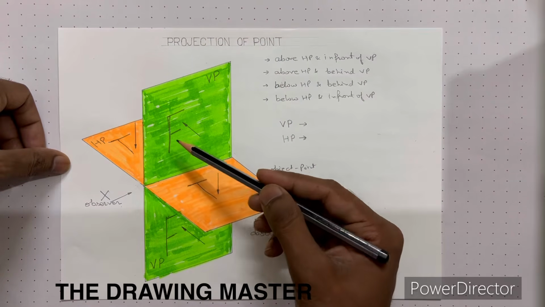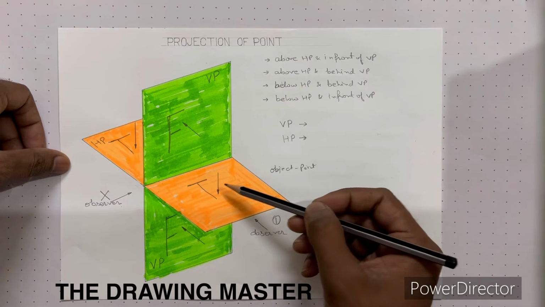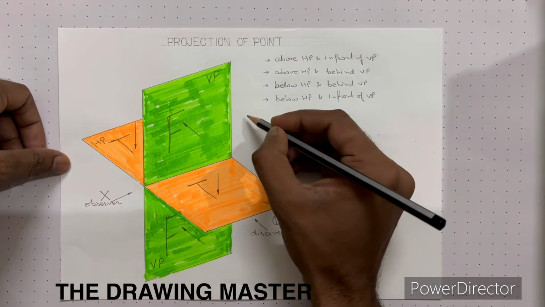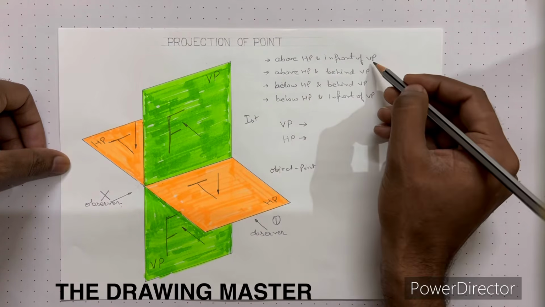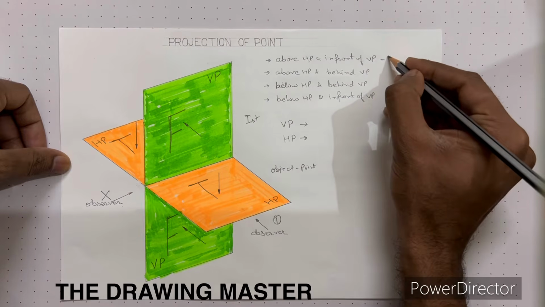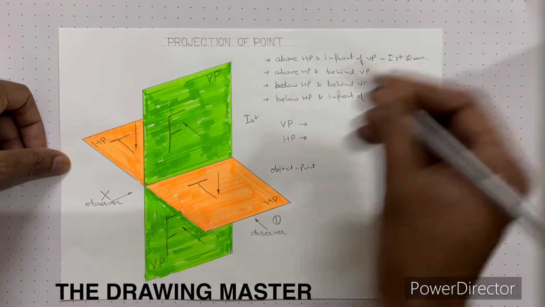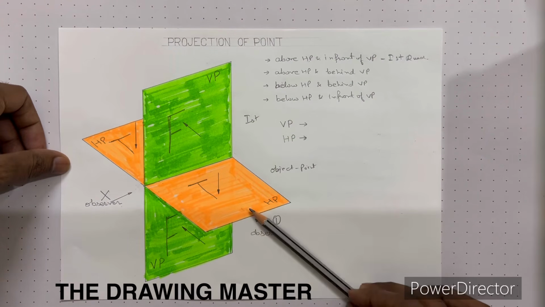So by these planes, VP and HP, we have four quadrants. Above HP and in front of VP, this is the first quadrant, right? Similarly, observer is here.